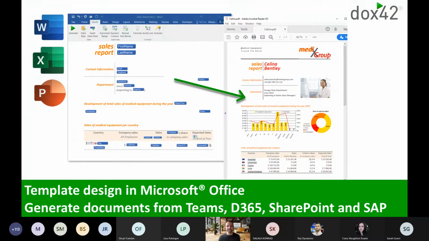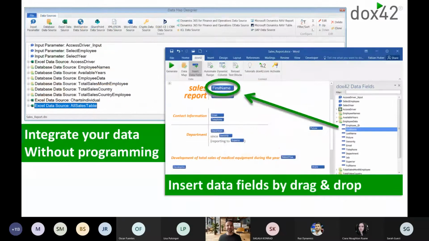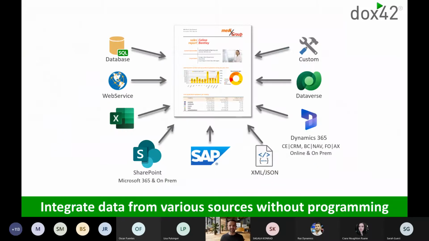That's the way it looks to the designers. On the left-hand side, you have the dox42 add-in, where the blue field is any data field coming from all of the data sources. And those data sources can then be integrated into the document via drag and drop. Very importantly, everything you see here can be integrated in a dox42 document.